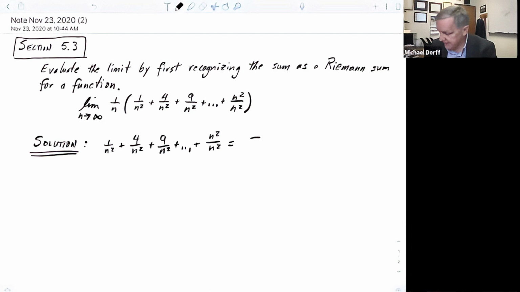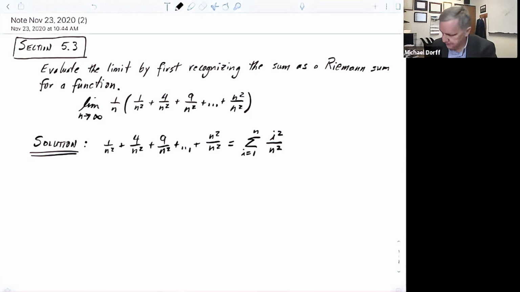So I could write that as a sum, i equals 1 to n, and on the top I'm going to put i squared. On the bottom it doesn't change; it's always n squared. So what do I get on top? When i is 1, I get 1. When i is 2, I get 4. When i is 3, I get 9, all the way down until i equals n, and I get n squared.